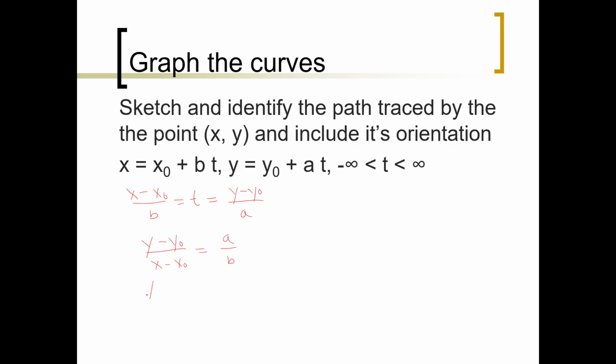Or that's y minus y naught is equal to a over b times (x minus x naught). And you recognize that as a line. It's just the equation of a line. It's the equation of a line whose slope is a over b.